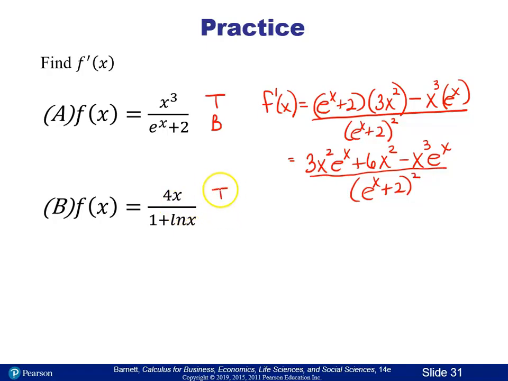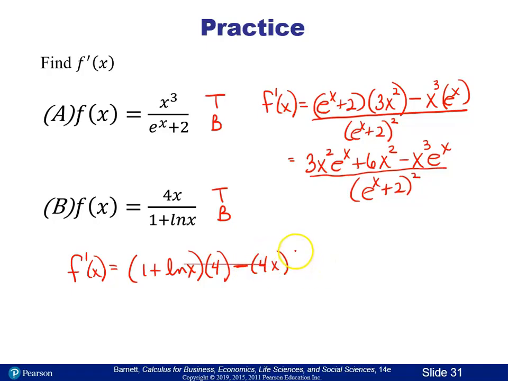Okay, this one, if we do our top and bottom, then the derivative, again, use your notation to indicate that you are now taking the derivative. So the derivative is going to be the bottom times the derivative of the top, minus the top times the derivative of the bottom. So the derivative of the bottom is going to be 0 for this and 1 over x.